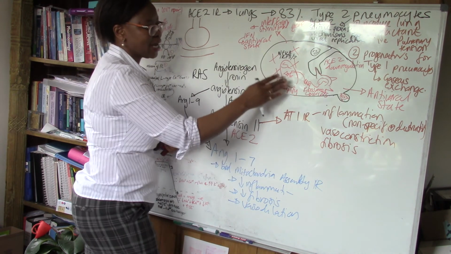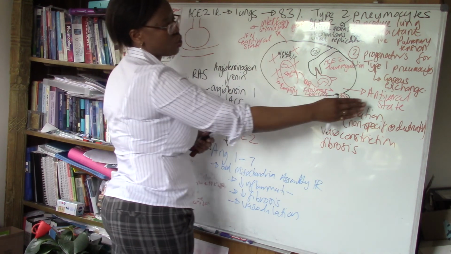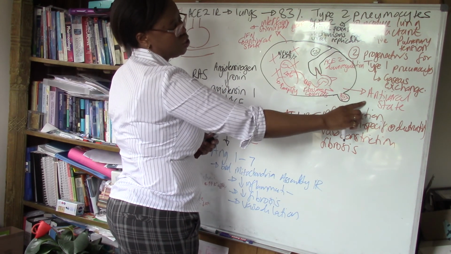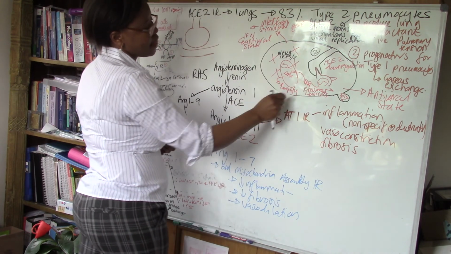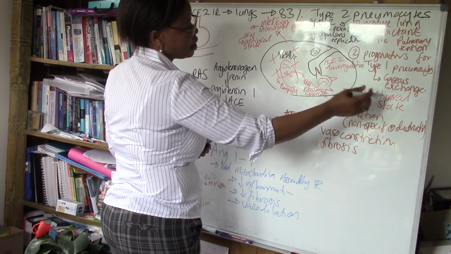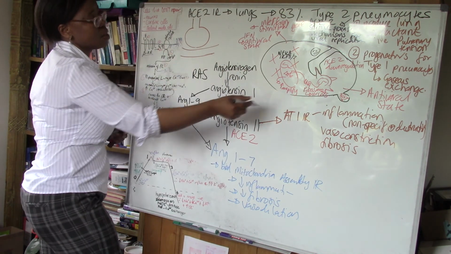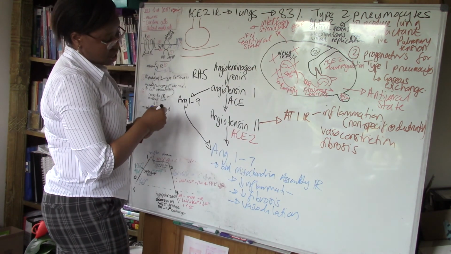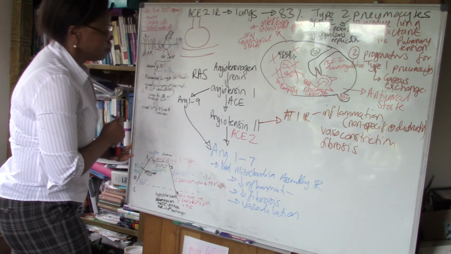So it hijacks the system that would normally induce an antiviral state, and then takes over so that it can make more of itself, disseminate, and infect more cells, and the process restarts. So that's all really that happens.